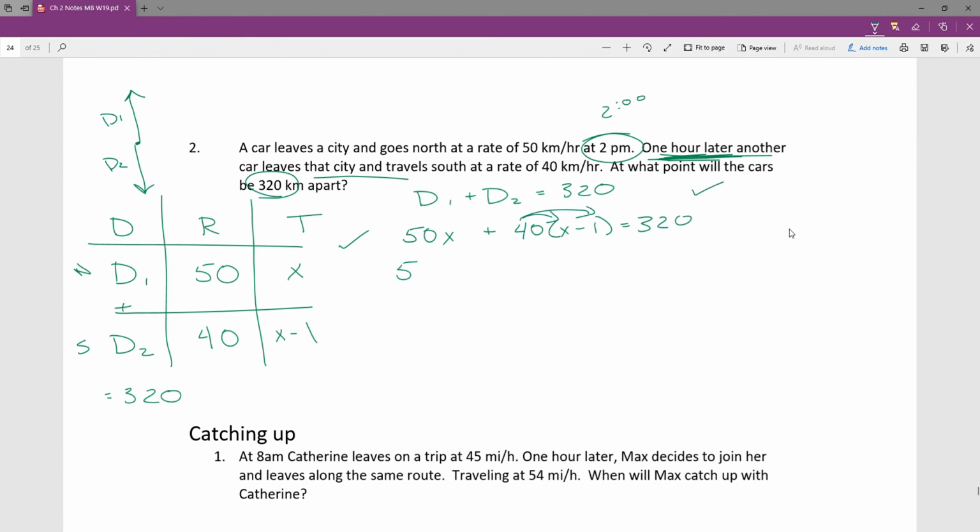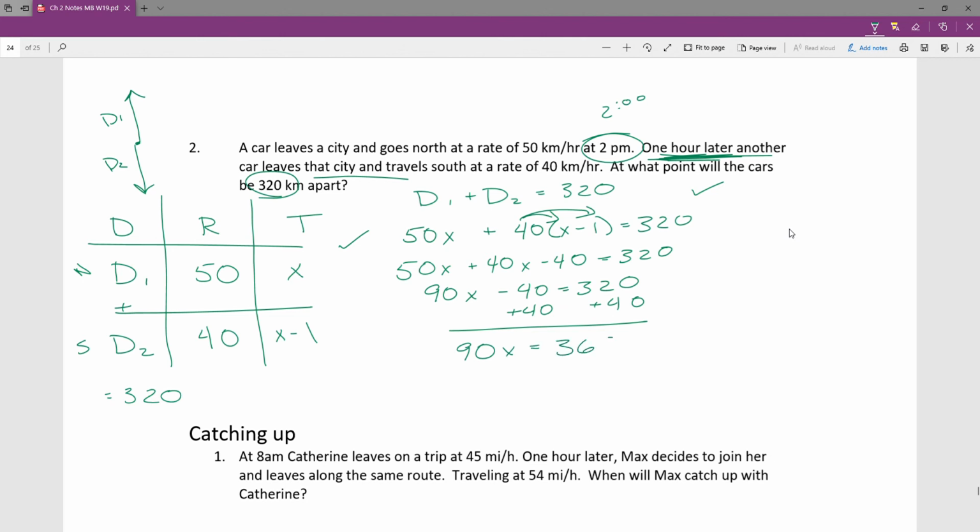Distributive property is first. Going to gather up my like x terms. And eventually I get down to x equaling 4.